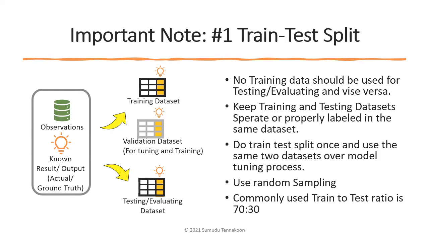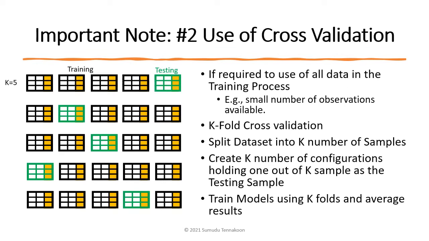The second point I wanted to make is about cross-validation. Sometimes we don't get enough data for our machine learning model training process. You need a large amount of data to train a better performing model, but in real applications we sometimes get very little data.